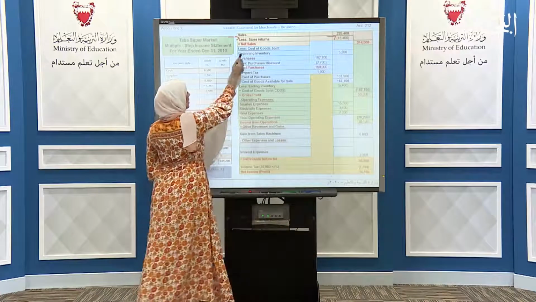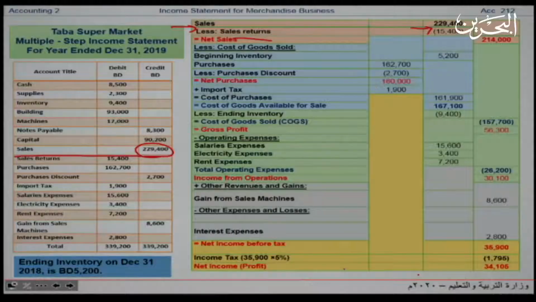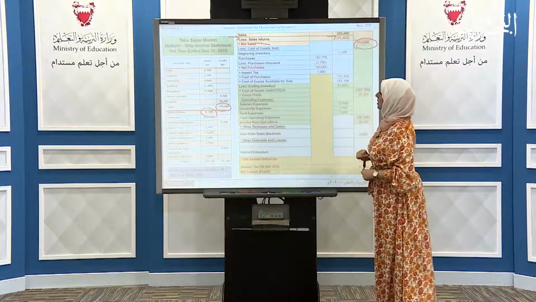Then, I will subtract the sales return, which is 15,400. After I subtract the sales return, I will get the net sales, and it will be 214,000.